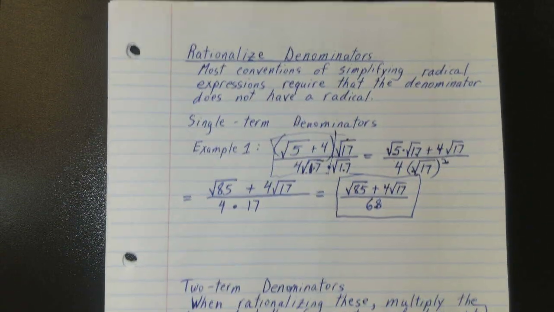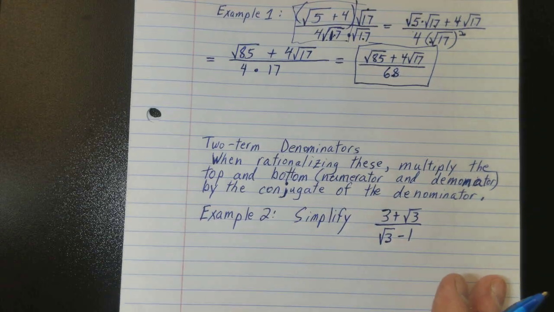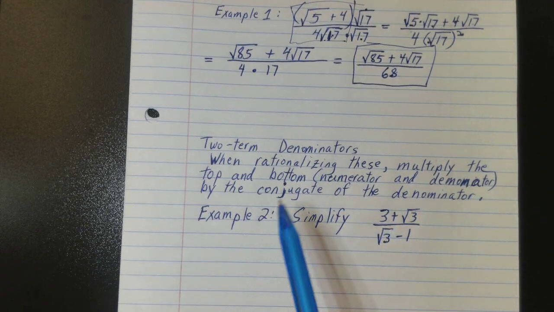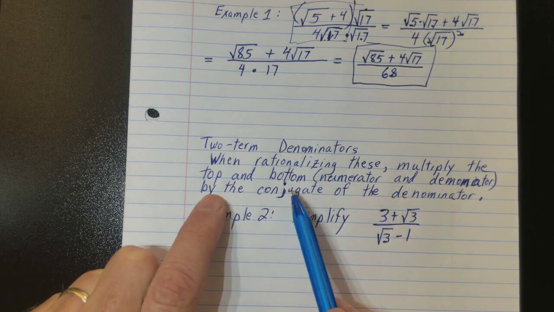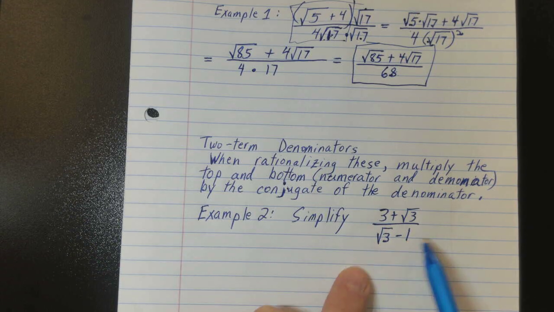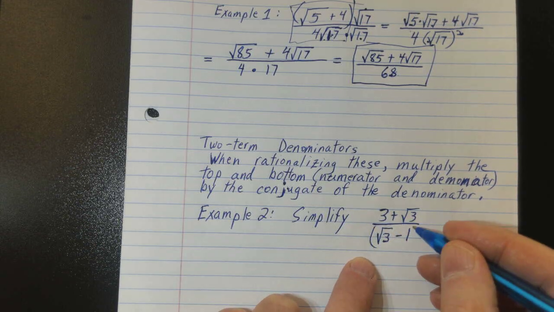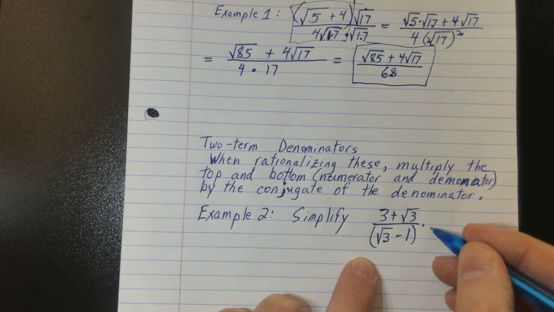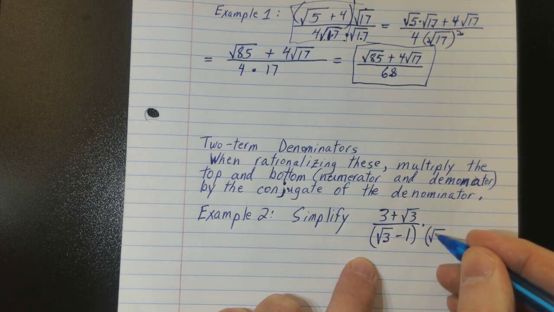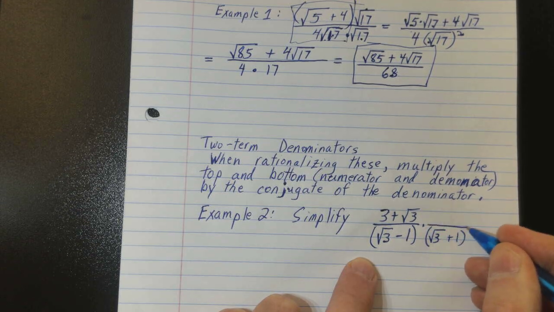All right, now when you have two-term denominators, you need to multiply the top and bottom by the conjugate of the denominator, and that will allow you to rationalize the denominator.